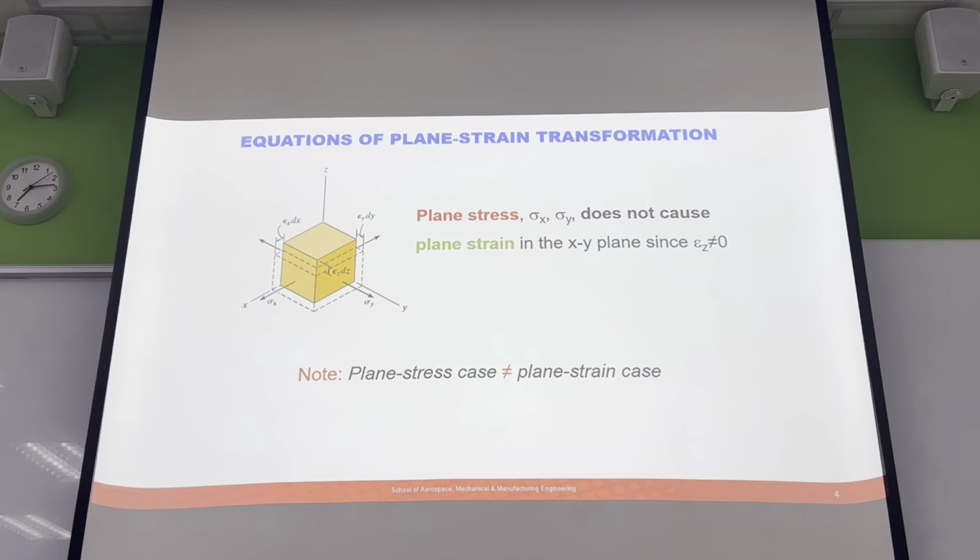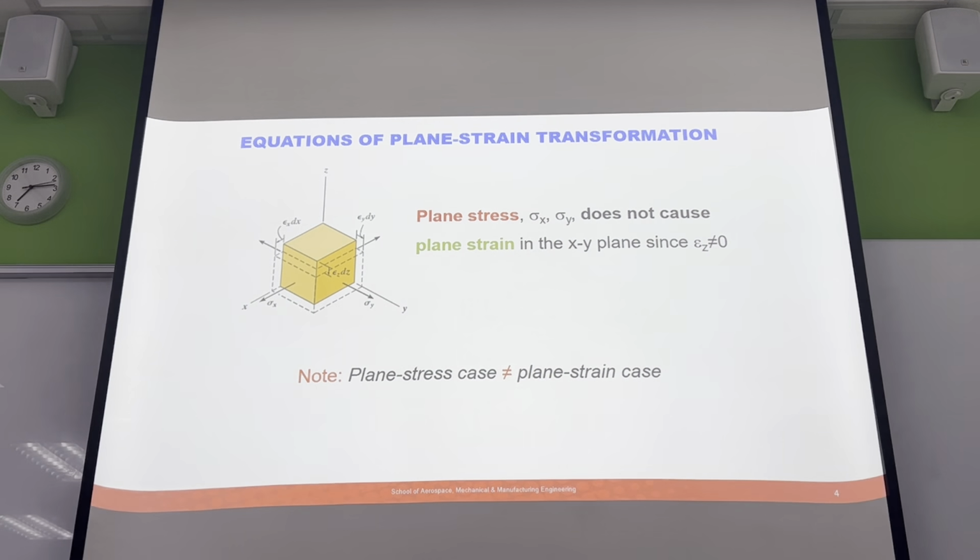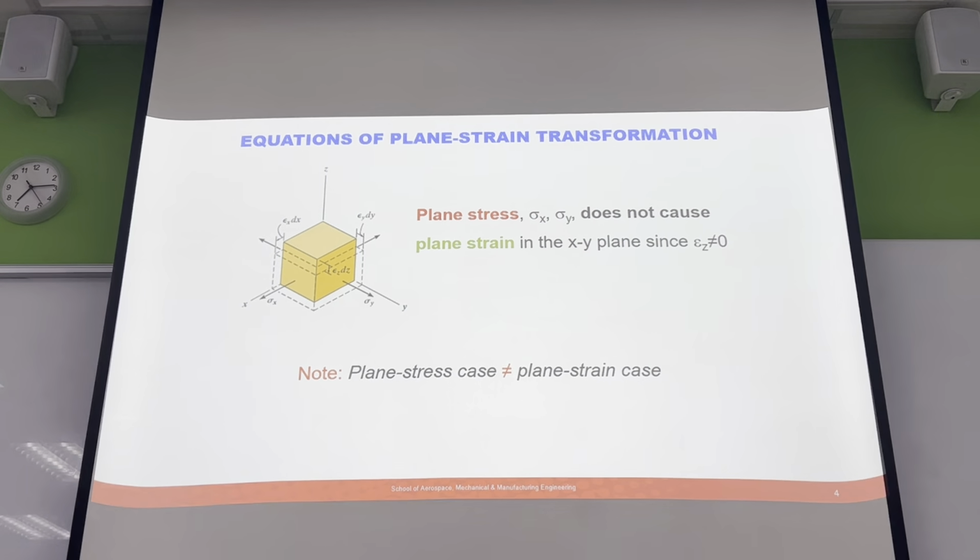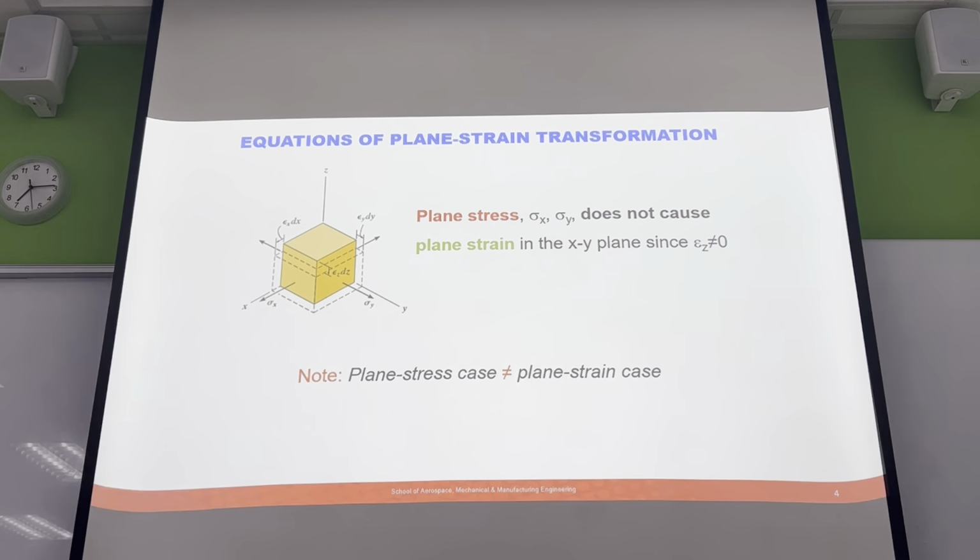If there is no deflection in that z direction, so if I pull and push this and move it all around, we don't want to break it. So I could do all the stretching and straining and putting loads in this XY plane, but if there's no deflection in that z direction coming out of the page, then that means there's no strain in that z direction.